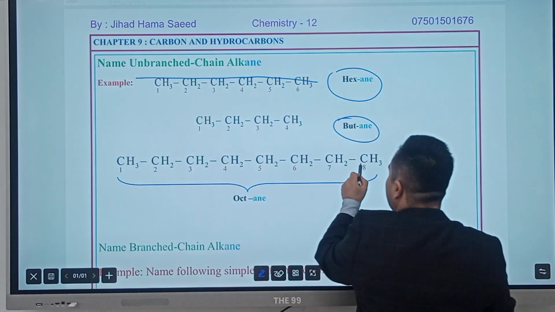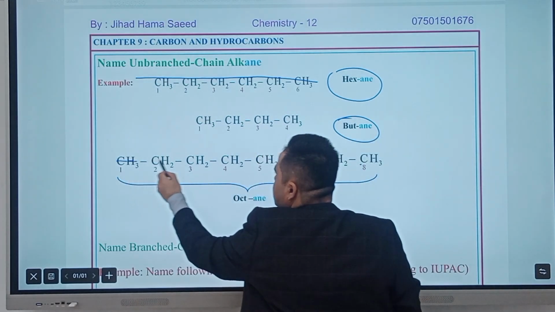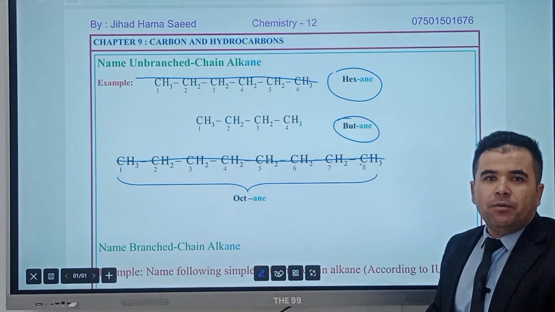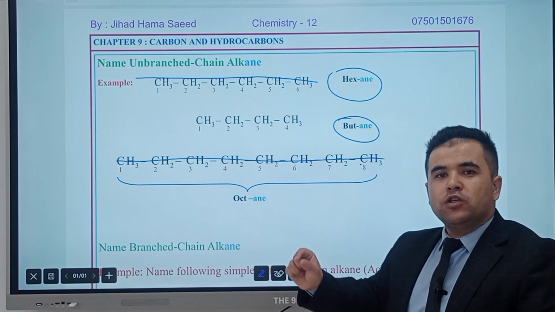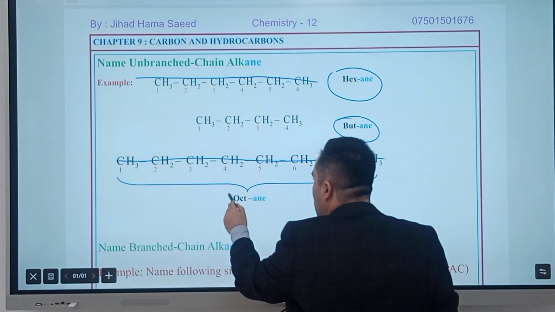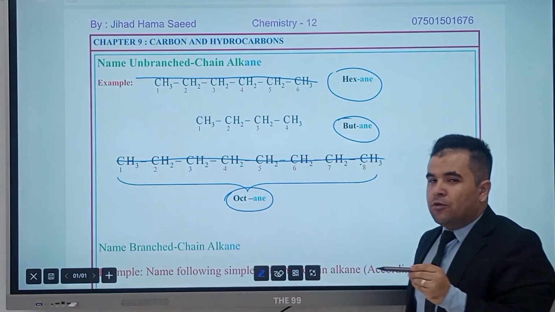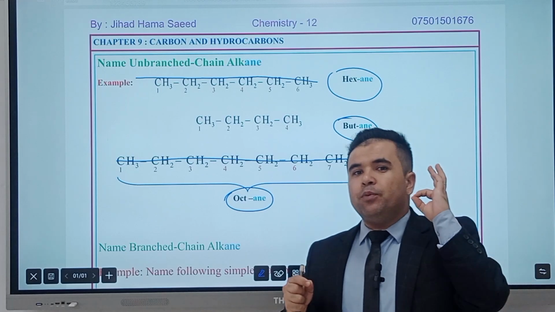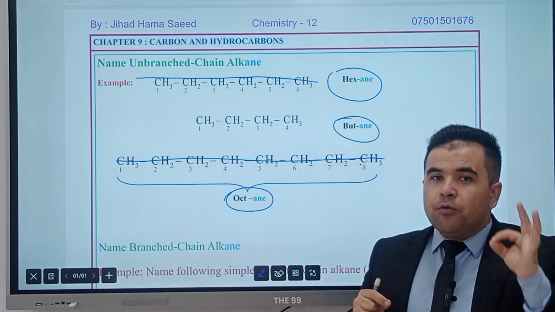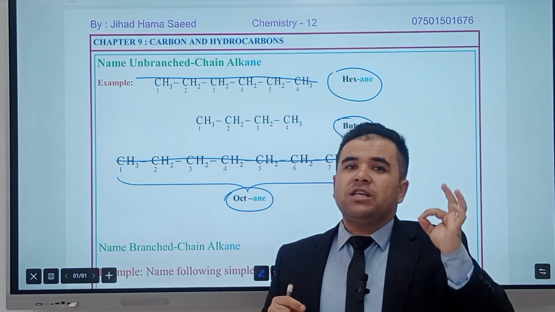Over here we have got 8 carbons. For 8 carbons, we use the prefix oct and the suffix ane. It becomes octane, and so on. So for the straight chain, it's very simple. We just use the prefix, depending on the number of carbons in the chain, and then the suffix ane.